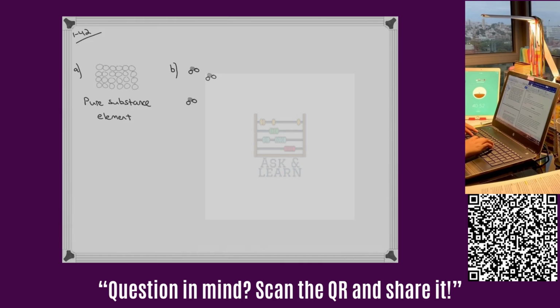For the next one, the picture looks something like this. We have what appears to be molecules comprised of three atoms. We have some of them far away from each other and some of them grouped with each other. Because they are grouped with each other, there are actually two separate phases. There appears to be a solid type phase and a liquid phase, or maybe even a liquid phase and a gaseous phase.